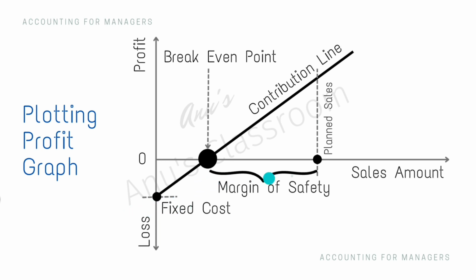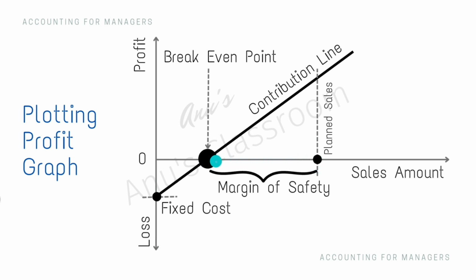All right, and now we might have a planned sales or a budgeted sales in our mind, right? And that sales will be associated with a particular sales amount. Now, the distance between this break-even point and this planned sales point is our margin of safety. So from our planned sales till our break-even point, we are in the safe zone.